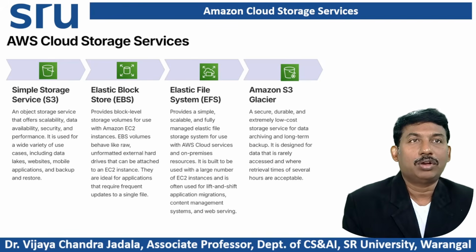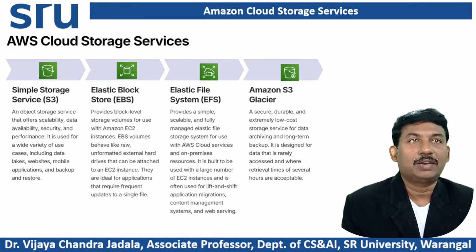Elastic Block Storage provides block level storage volumes for Amazon EC2 instances. EBS volumes are like raw unformatted external hard drives that can be attached to the EC2 instances.